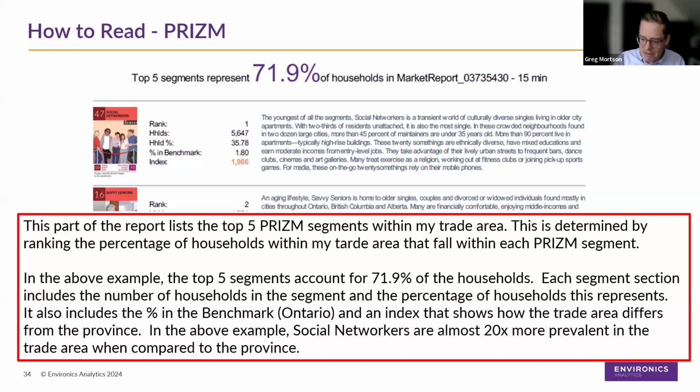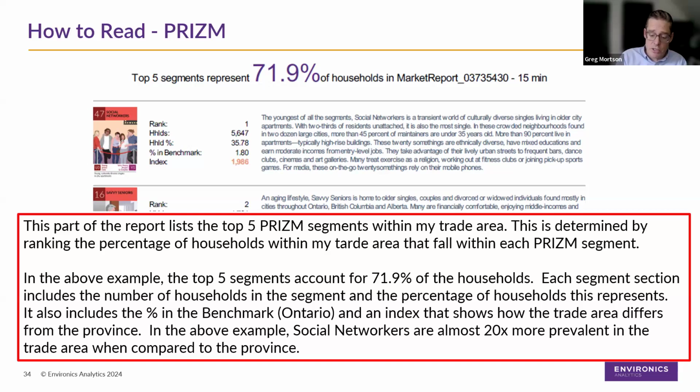It's not going to be perfect, of course. We don't claim to say that everybody within each postal code aligns perfectly. But in general, when looking at people within your trade area, you're going to probably see that they align to some of these segments. So it's a very interesting way to reinforce things you already know about the type of folks that live in your area, but you also may learn more about people that maybe aren't quite as visible.